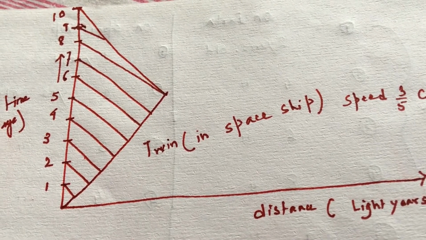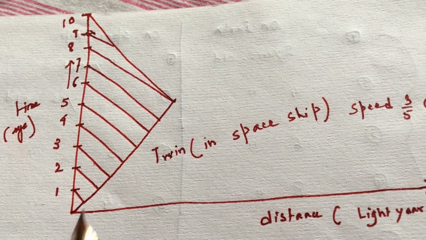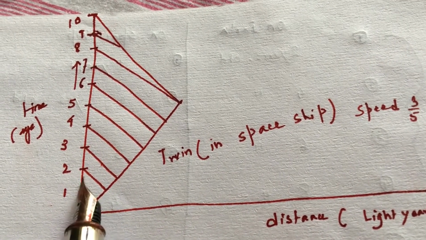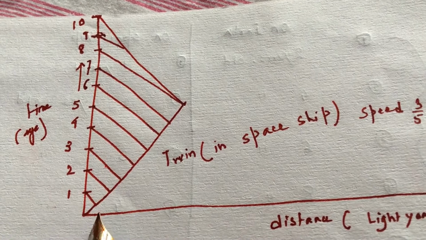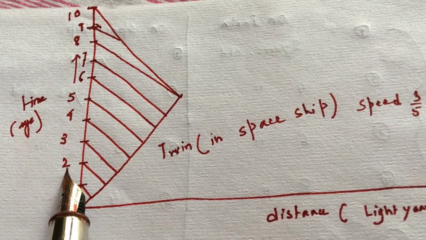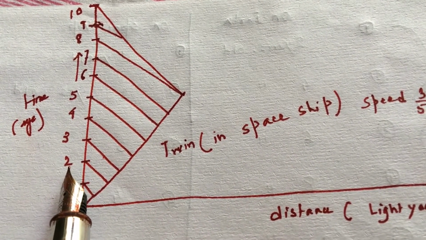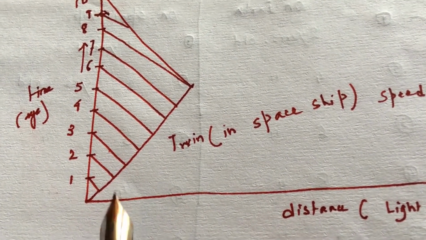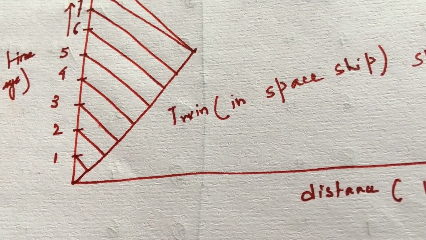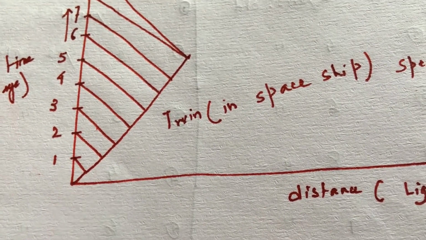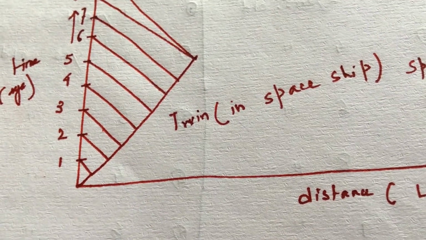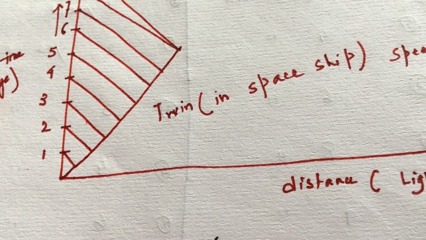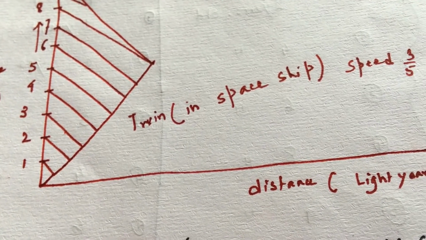So let me take, for example, that these two twins have a radio frequency kind of signal. The instantaneous transmission of the signal is not possible because information cannot travel faster than the speed of light.